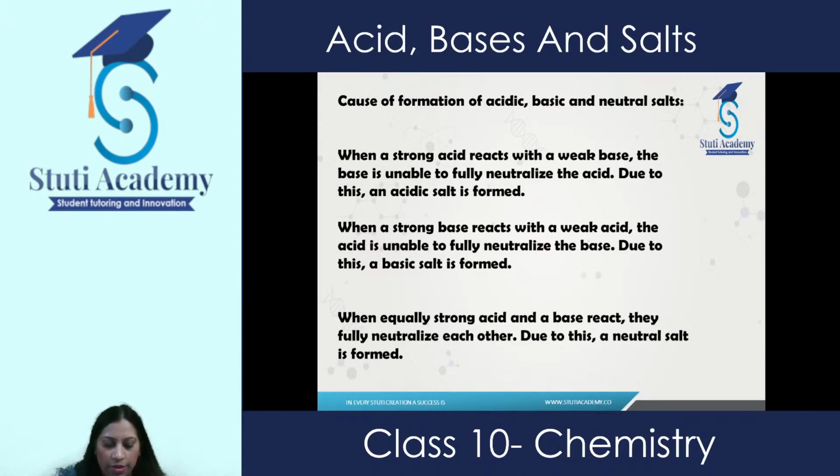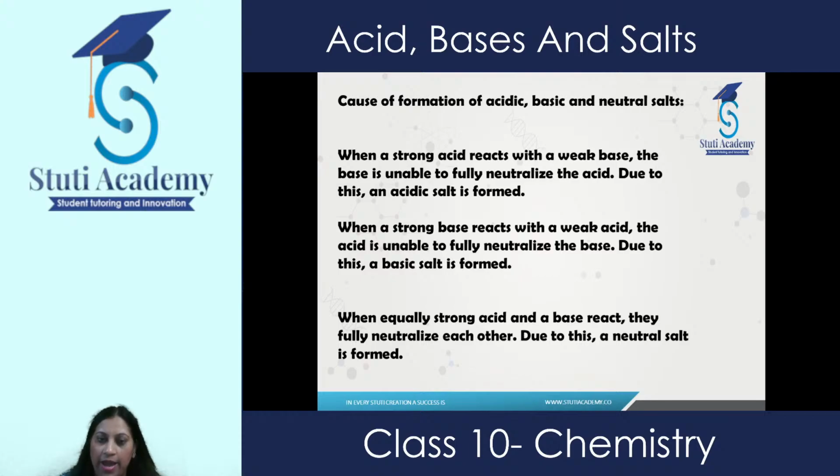It results in the formation of different types of salt. As I told you, if we take a strong acid, it results in the formation of acidic salt. If we take a strong base, it results in the formation of basic salt, and if both are equal, we call it neutral salt.